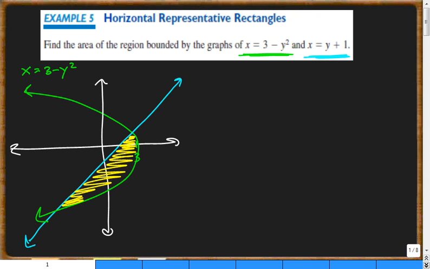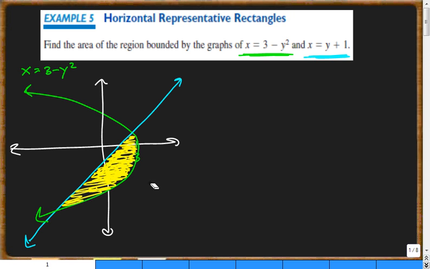Now we're going to want to do this with horizontal rectangles, because we can see that there are times when the top function of this area is both the green, right? The green is on top and bottom.